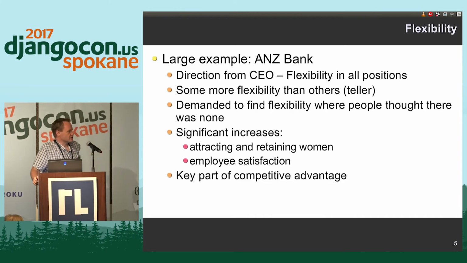The bank sees it as a key part of their competitive advantage, because other employers are just demanding that you work 9 to 5 or 8 to whatever, or if you're in IT, then 7 to 10 p.m. Unfortunately, that's really a myth for sustainable productivity. So that's a big example.